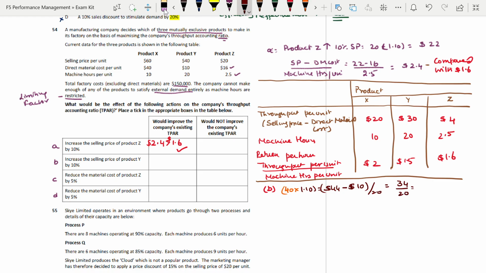Divided by 20, how much will it come to? It comes to 1.7.